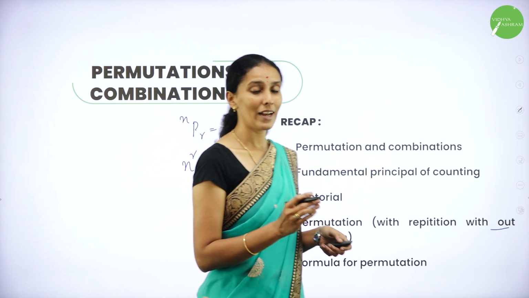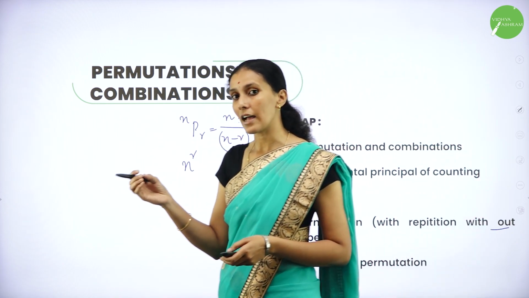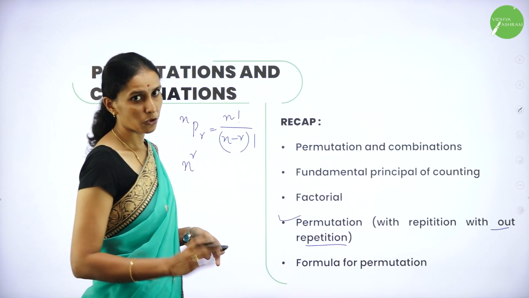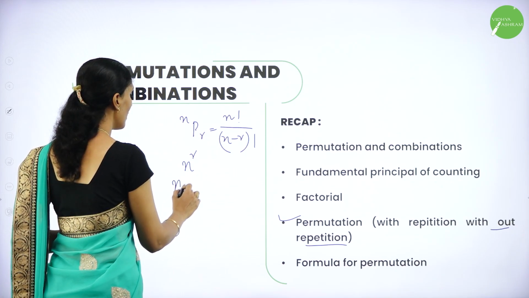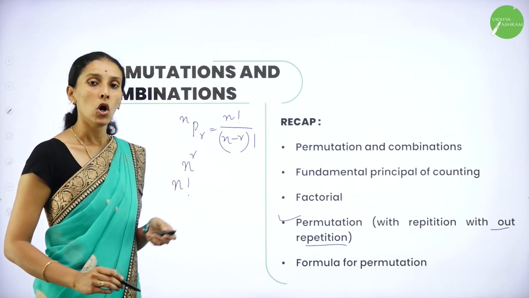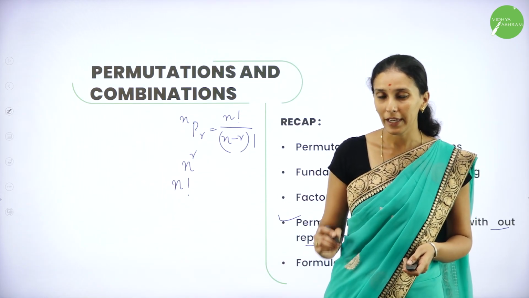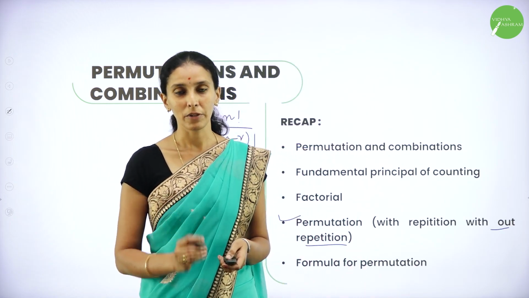I gave an example of arranging books on a shelf. When one place is occupied by one book, the other two places can be filled by the other two books. There we take n factorial. Also we solved simple problems on types of permutations, and found the value of n and r in our previous session.